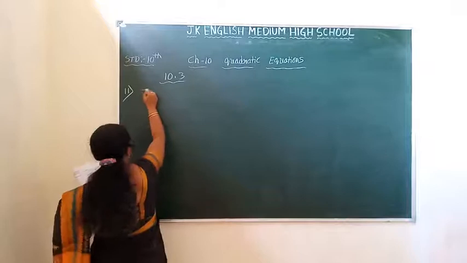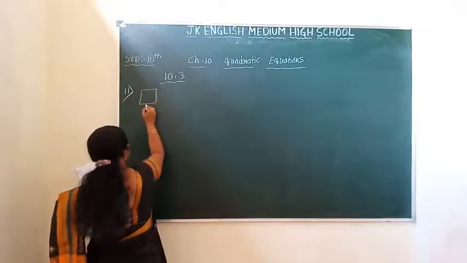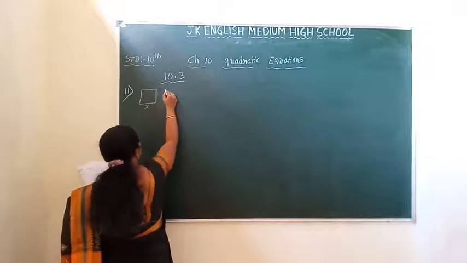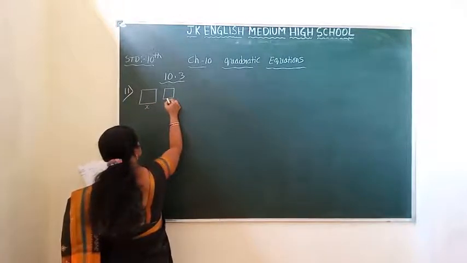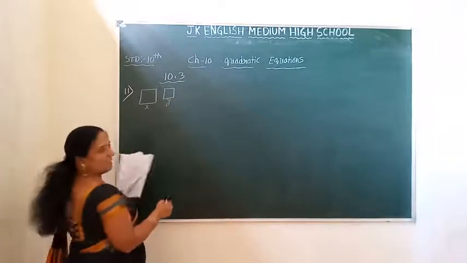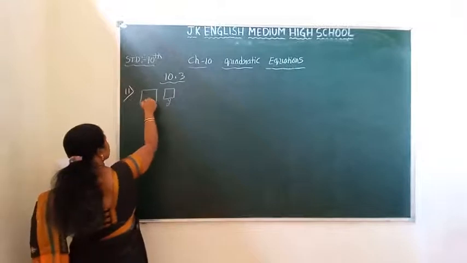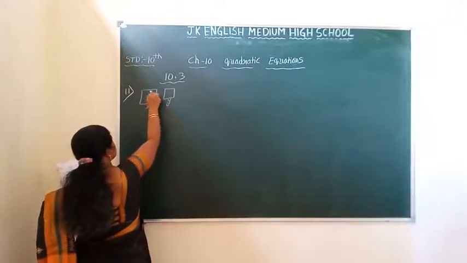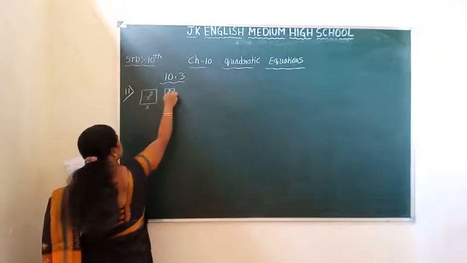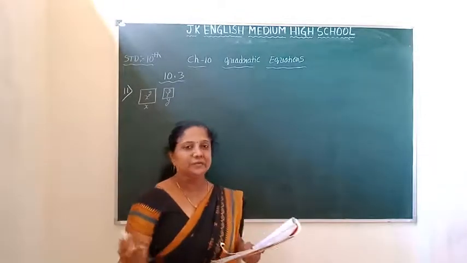Let this be one square, children, and let its side measurement be x, and another square with side measurement y. What is the area of this? If the side is x, the area is x square, and for this one it is y square, because the area of a square is side into side.